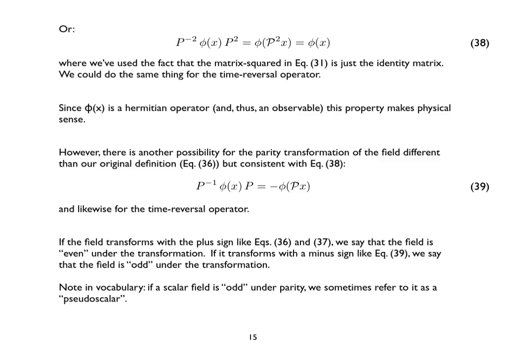But it has an important implication because it means that the field doesn't have to just come with a plus sign, right? Originally, we could define a field that when you operate on it with parity, you get a minus sign back out, right? And these are what we call odd fields, okay?